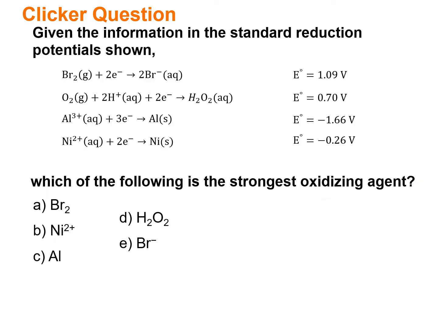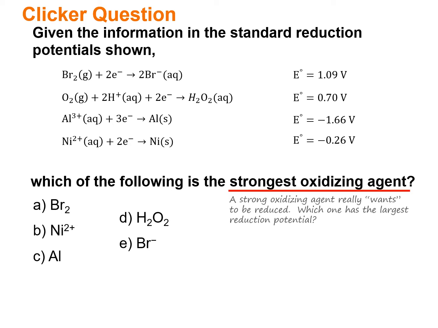So here is a question that gives you standard reduction potentials, and it asks which is the strongest oxidizing agent. There are a couple of questions we want to ask to make sure we get things straight. If we say strongest oxidizing agent, then we know it wants to be reduced. It really wants to be reduced.